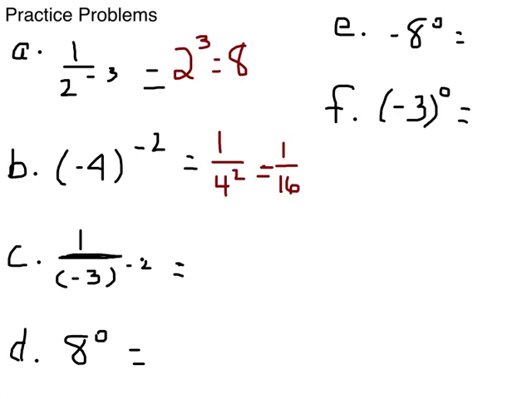That's what it's equal to. Alright, 1 over negative 3 to the negative second, we're going to make that a whole number, negative 3 squared, and this was in parentheses, so that negative sign is protected, so it means negative 3 times negative 3 equals 9. Alright, 8 to the 0 power is equal to 1.